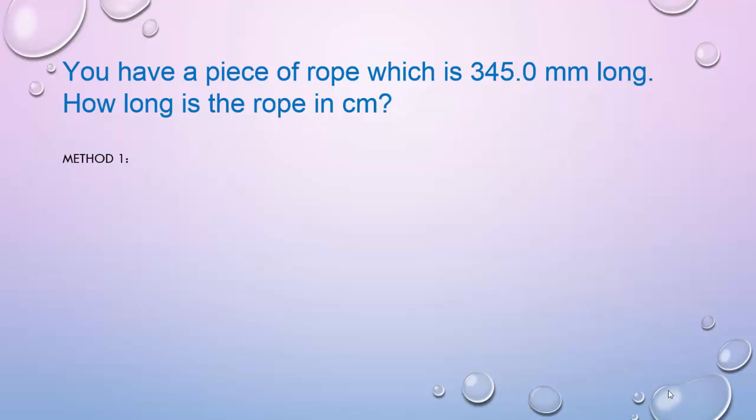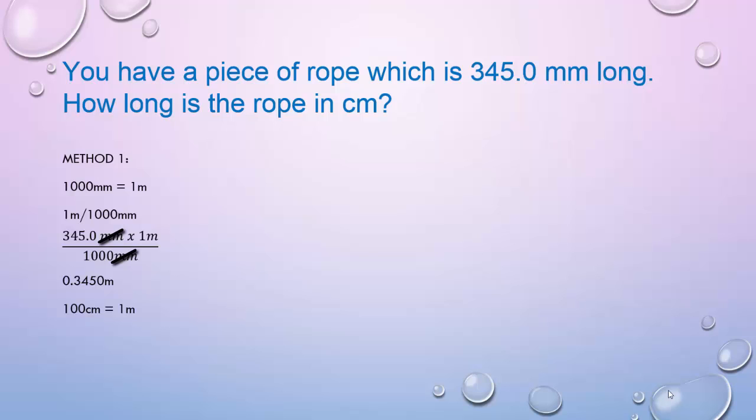The first, method 1, we know that 1,000 millimeters equals 1 meter. We want to get rid of millimeters, so the conversion fraction becomes 1 meter per 1,000 millimeters. So we multiply the 345.0 millimeters by 1 meter divided by 1,000 millimeters. Units cancel. We now have 0.3450 meters, but the answer is in centimeters.